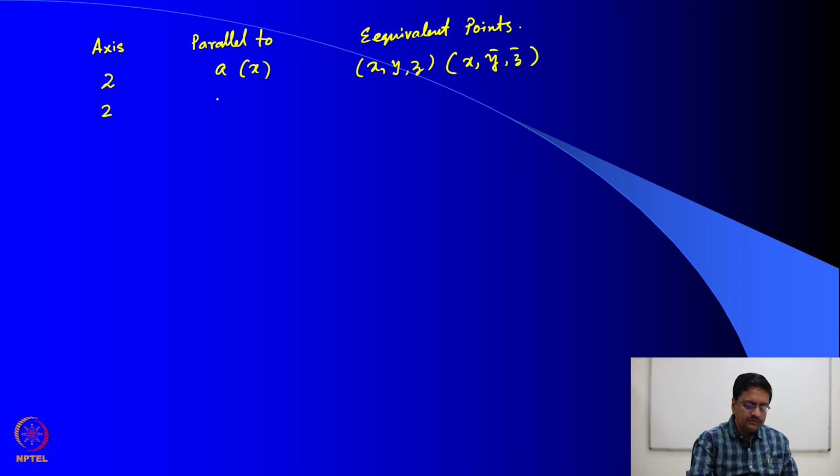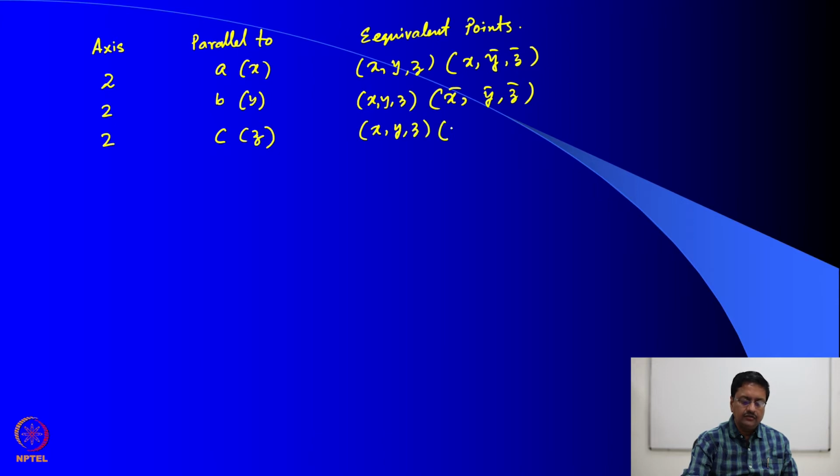Similarly, twofold parallel to B, which means parallel to y, would make x, y, z to x bar, y, z bar. And a twofold parallel to C, which means parallel to z, will make x, y, z become x bar, y bar, z.